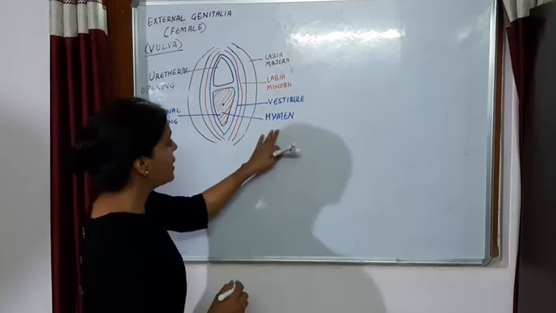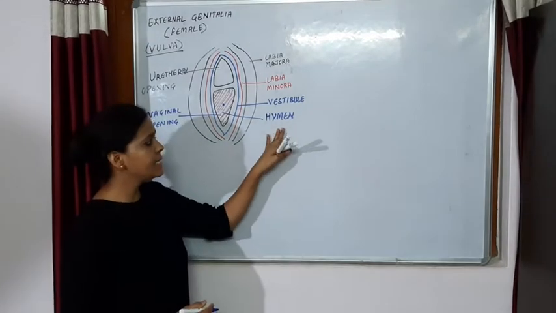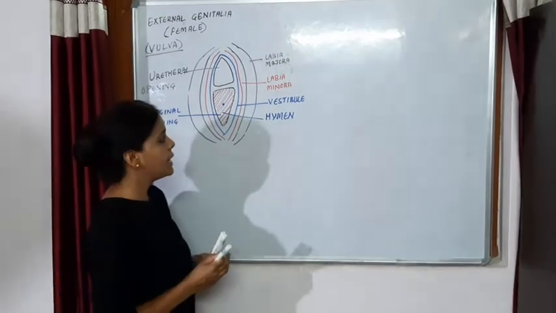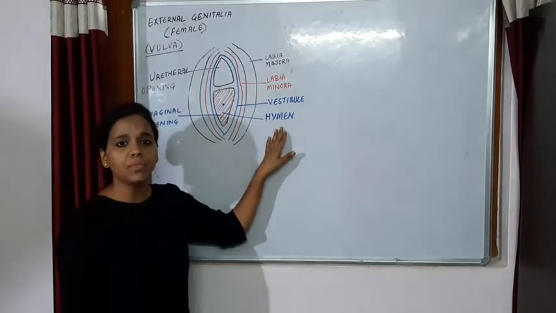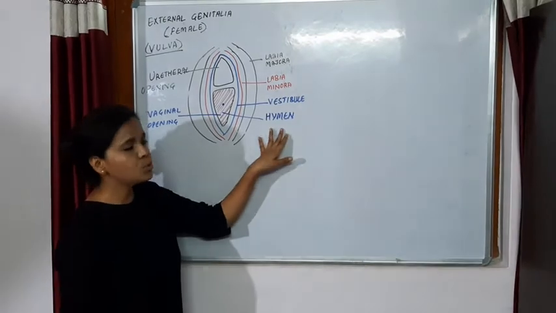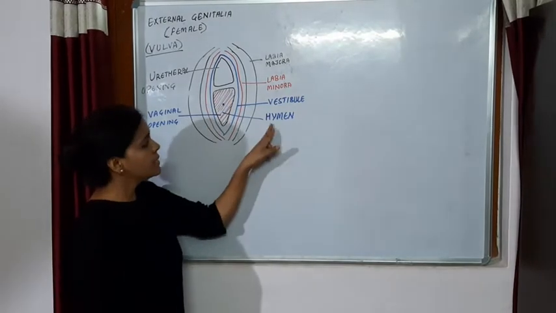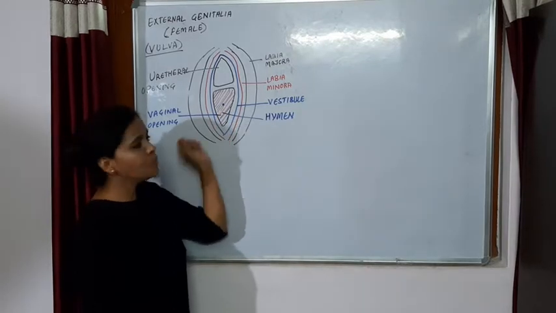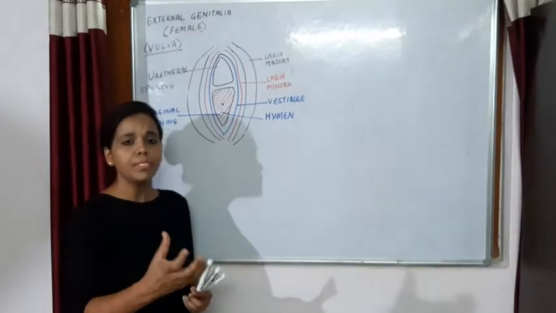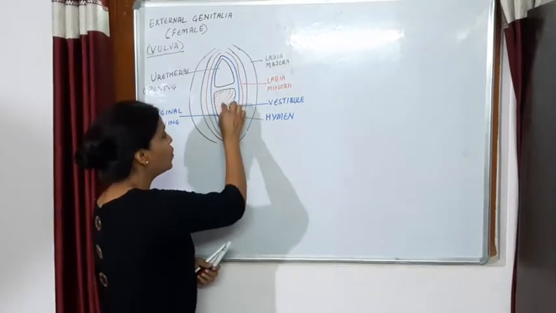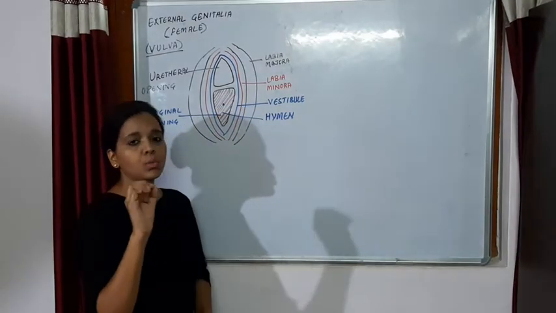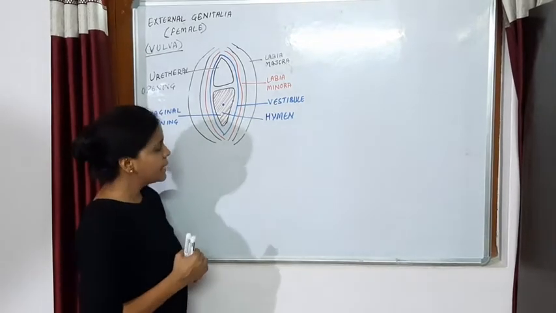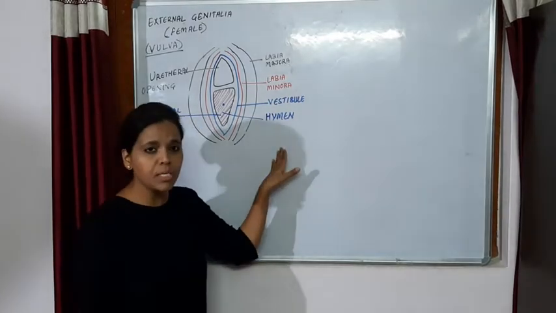Now the story behind the hymen is that in many cultures, and even today, it is thought that it is related to the virginity of the female. So the females who are virgin have this lining of hymen, and this pore is just for the menstrual blood to go out. But this is a misconception, a myth.